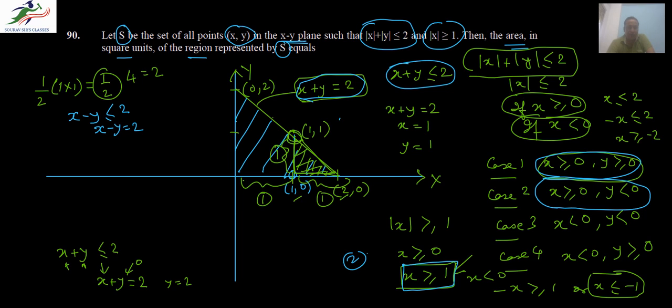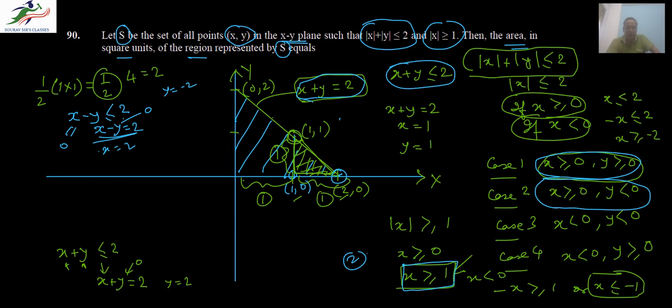Which has a positive slope, and this line intersects the x-axis when y is equal to 0 and x equal to 2. So x equal to 2, y equal to 0 is the point at which it would intercept the x-axis, and it would intercept the y-axis when x becomes equal to 0 and y becomes equal to minus 2.